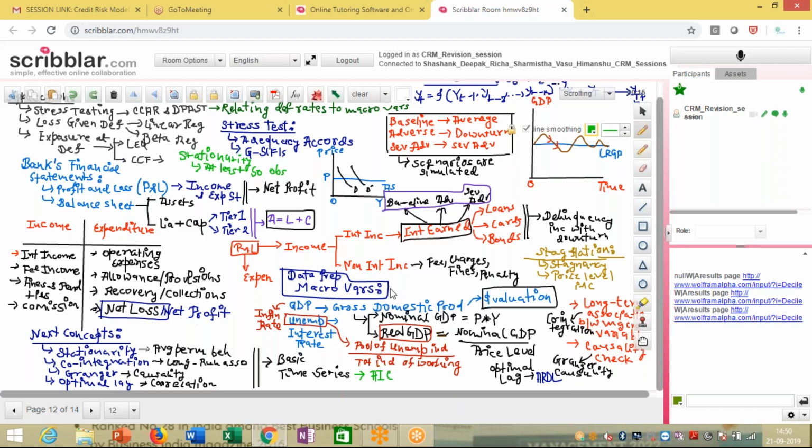We'll use the real GDP values or GDP growth rate values, because real GDP is of great interest, and it is obviously the initial pulse of the economy, the real GDP growth rate.